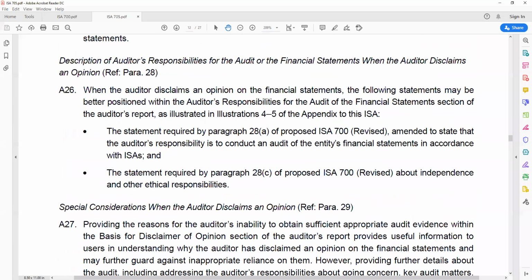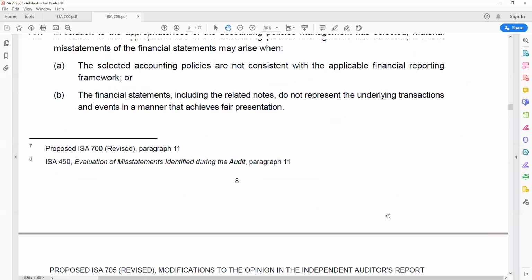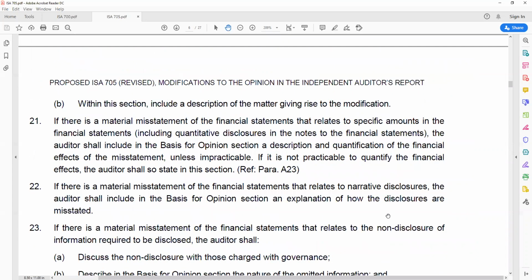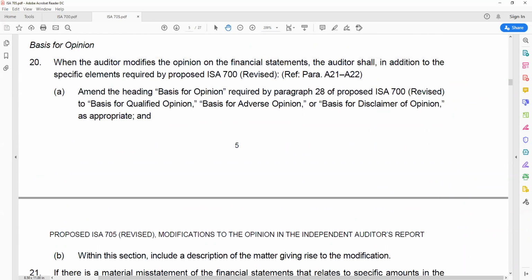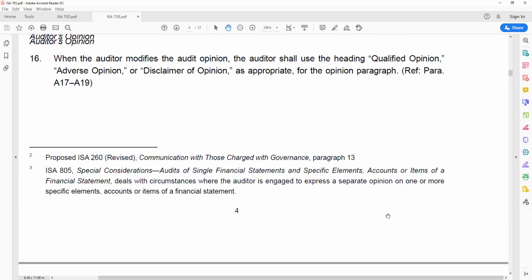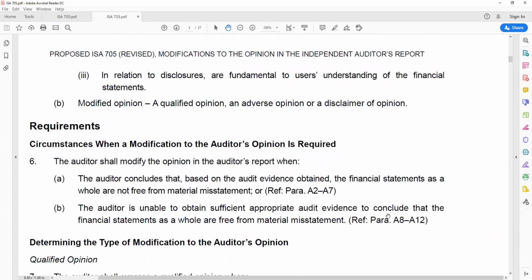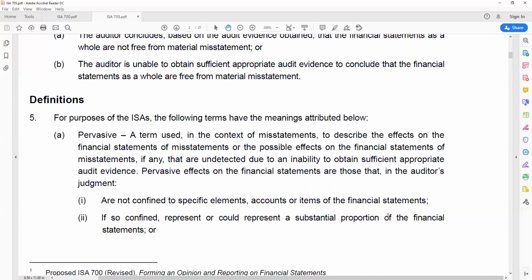Generally, if the misstatements, or the effect of the scope limitation on the inventory, for example, are not constrained to one area and do affect other areas, then we say that matter is pervasive. It is spread over other audit areas.